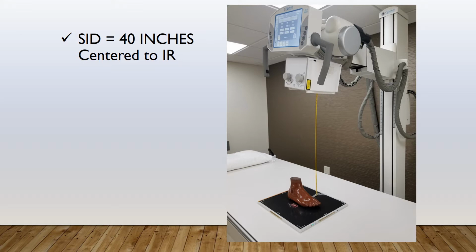Digital imaging loves to have the central ray in the middle of the cassette. I'm also always going to pull a right or left marker out of my pocket and place it on my image receptor prior to picking up the patient. That way I make sure that I have the appropriate right or left for the image that needs to be examined.